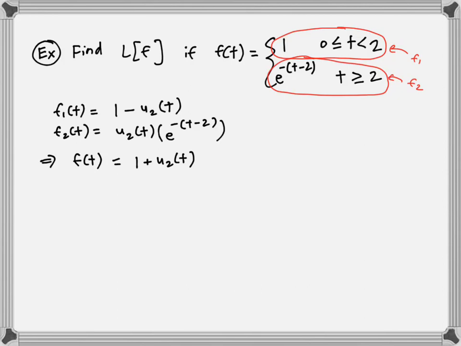Well, I have negative 1 there, so it's going to be e to the negative (t minus 2), and then minus 1, right? This is what I have.